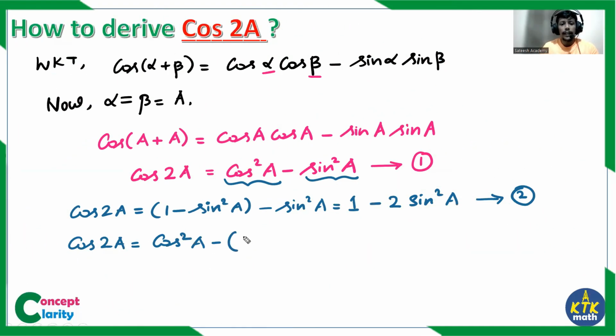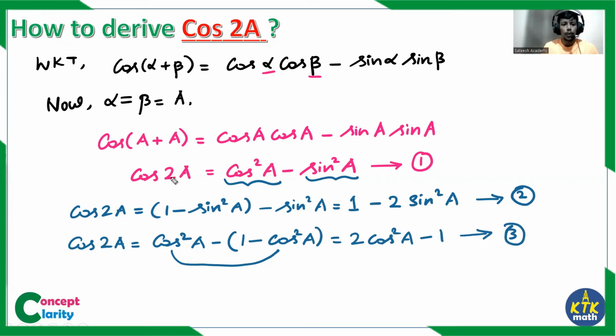Second sin square A term can be written as 1 minus cos square A. Okay. Now cos square A minus of minus will become plus. So cos square A plus cos square A will give you 2 cos square A, and you have this minus 1 as well.